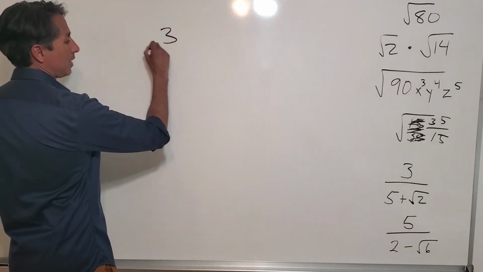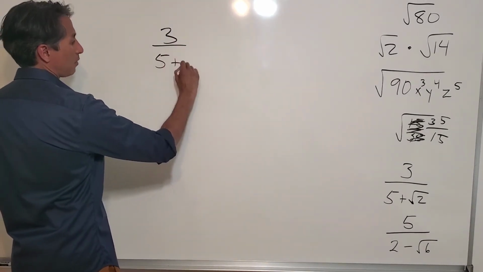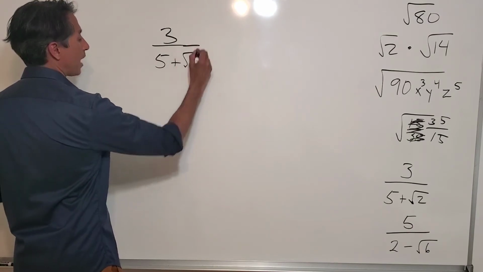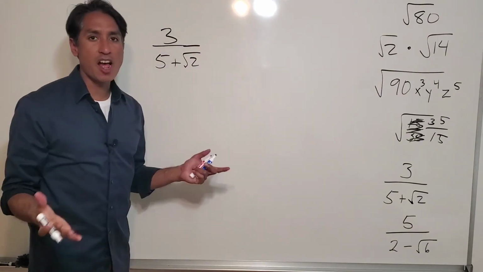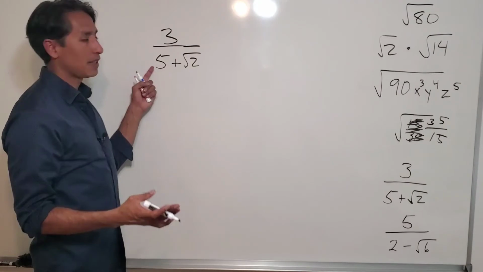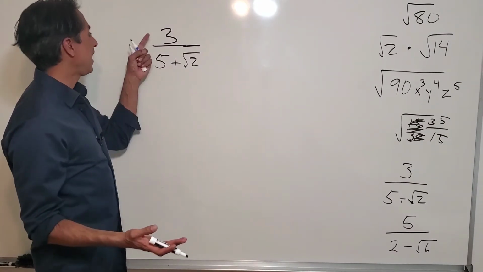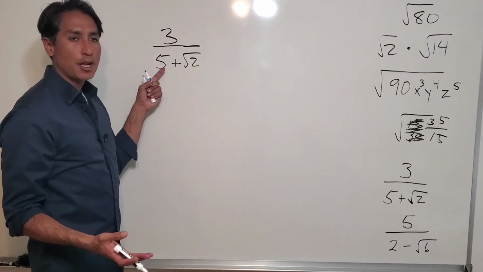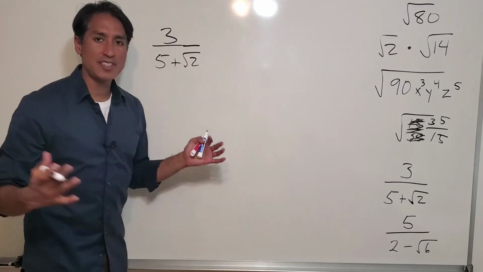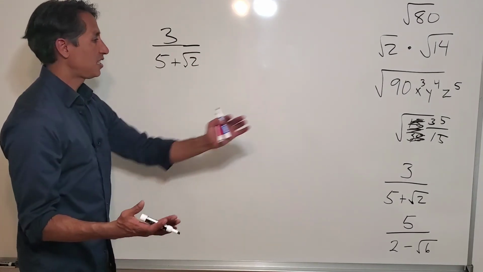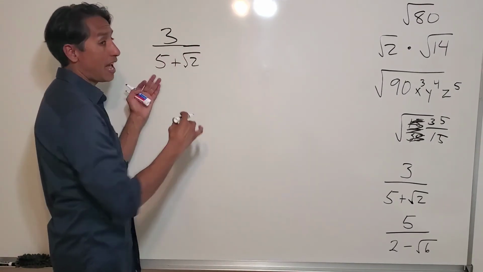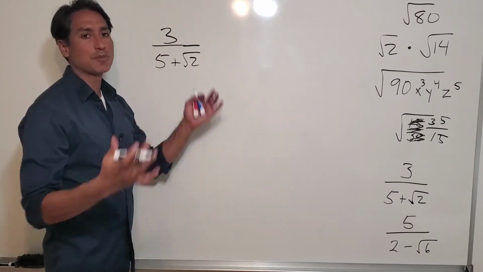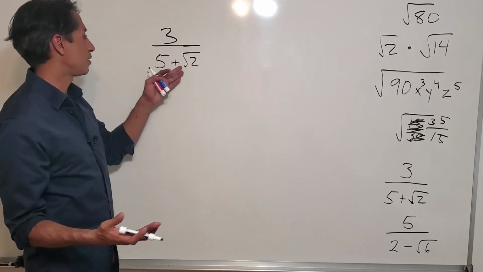Let's see here. We got 3 over 5 plus square root 2. Okay. I cannot cancel a 3 and a, let's say that was a 6, right? I can't cancel this and this, because this thing on the bottom is technically a quantity. It's technically a package deal. It's 5 plus some decimal number, right? If I used a calculator, that's what it would be.